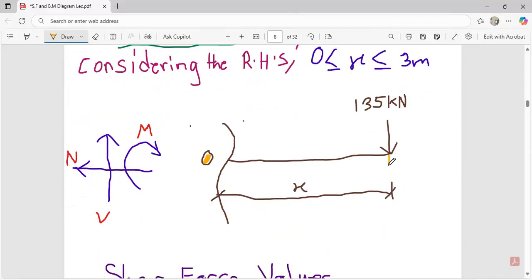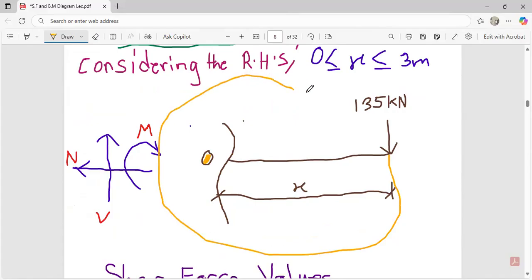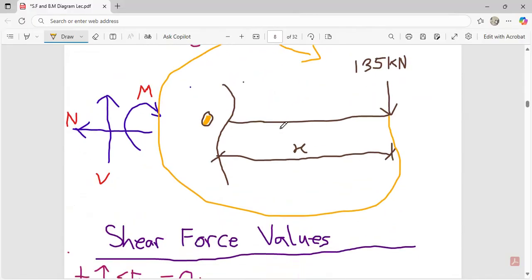When you follow the direction of this arrow and take your moment, it's going to be a clockwise moment, so it's going to be negative. So it's going to be minus 135 times x.